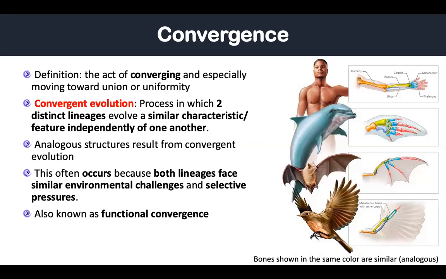Right, moving on to the term convergence. This is actually the act of converging, especially moving towards union or uniformity. So if you look at the definition of convergent evolution, this is a process in which 2 distinct lineages, meaning completely different ancestors, evolve a similar characteristic or feature, or a limb, independently of one another, meaning they don't rely on each other.